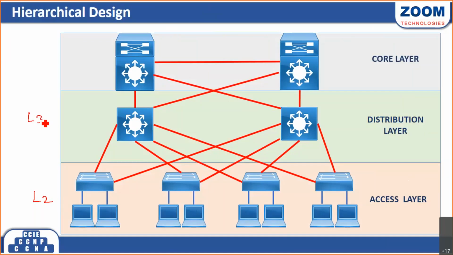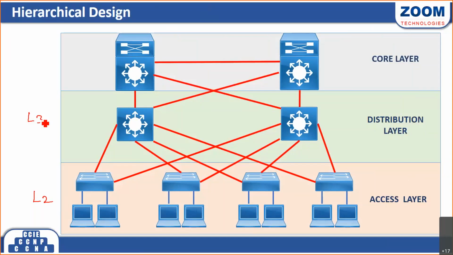Layer 3 protocols are what? Routing protocol, routed protocol, static routing, dynamic routing. These things we can implement in the distribution layer also. Now, if you have a distribution layer switch in your company, then a router is not required because the distribution layer is doing the routing job also. So the distribution layer is doing both layer 2 and layer 3.